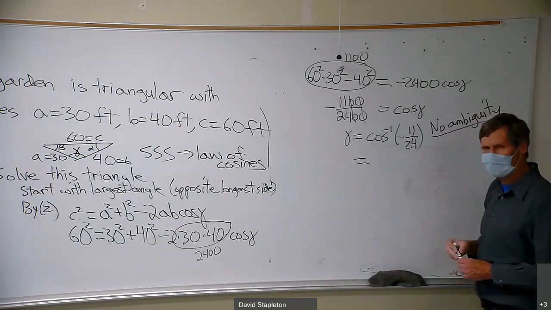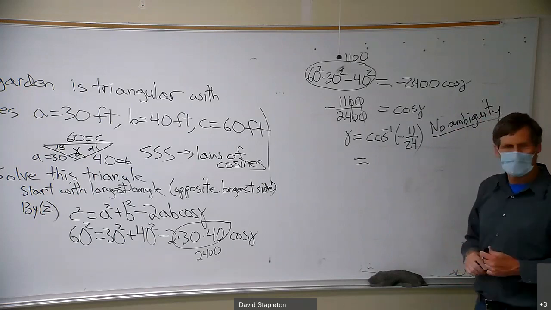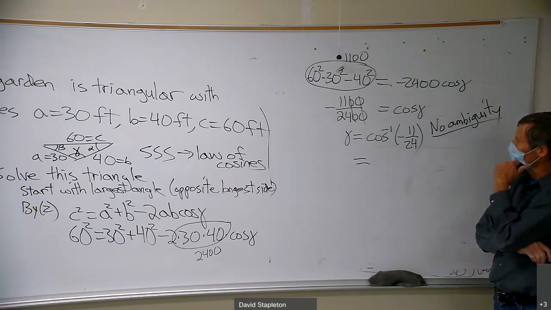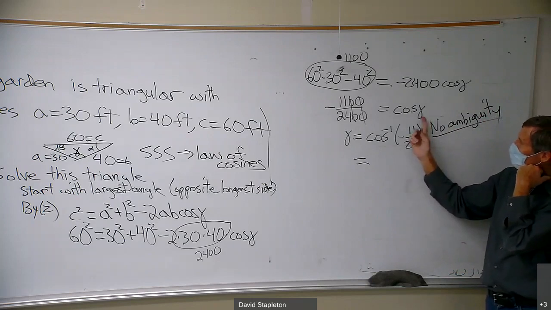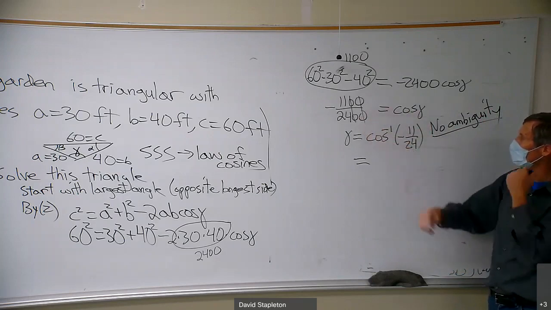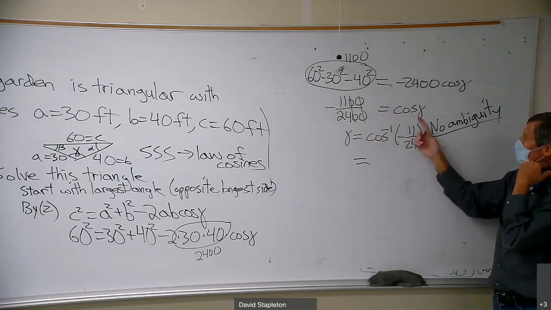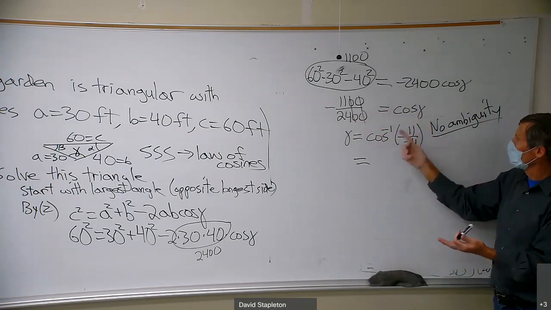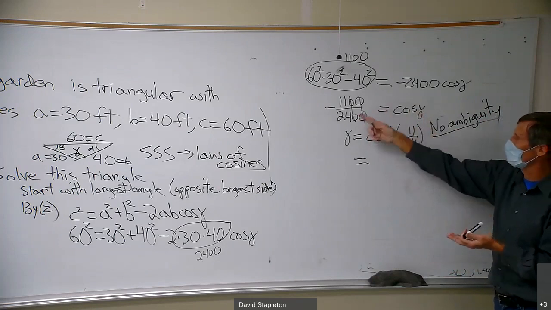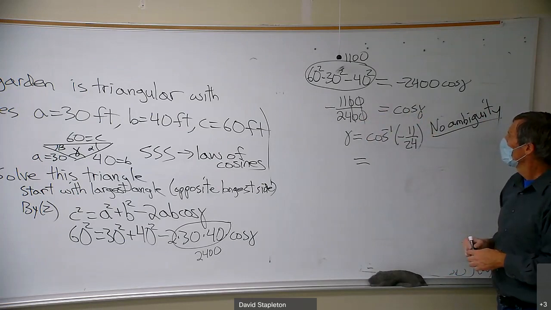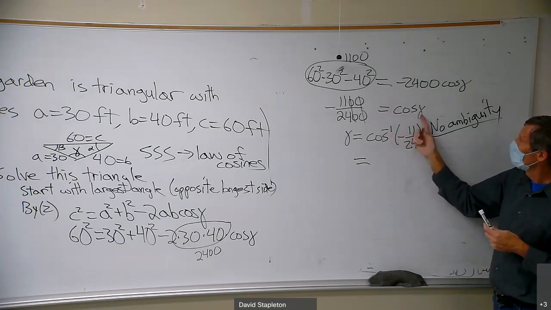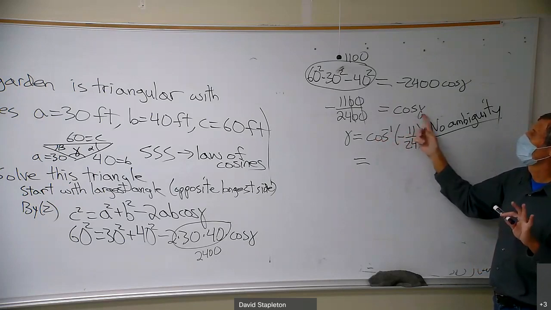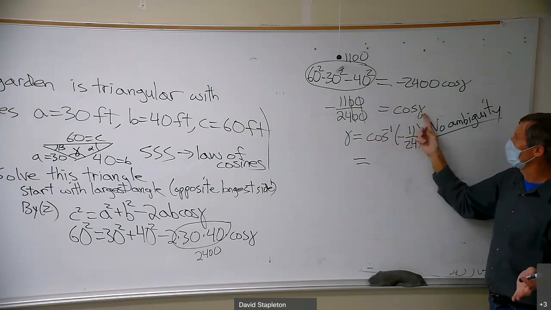Why is that? Anybody kind of see it? If you put your thinking cap on for a second, you can probably figure it out. Why would it always be the arc cosine? Gamma is an angle in a triangle, so cosine gamma equals a ratio in a triangle always has a solution, and it's the unique answer between 0 and 180 degrees.